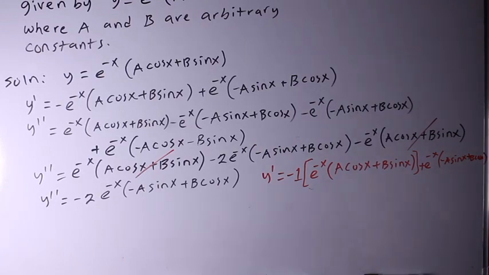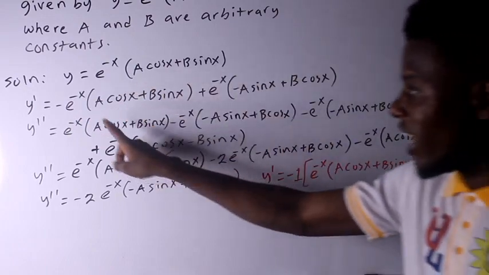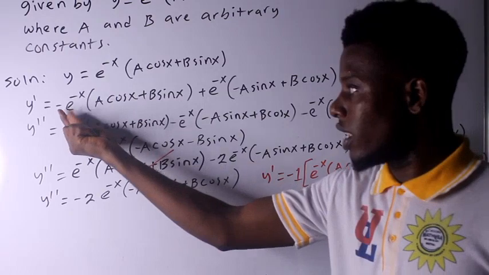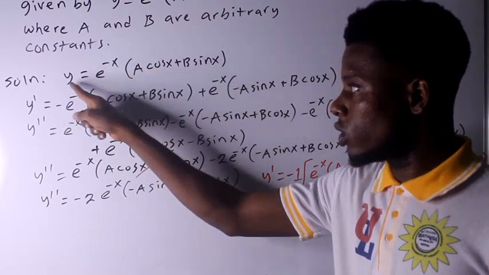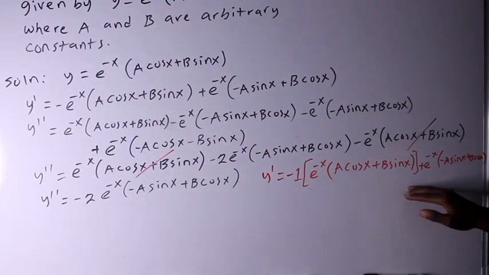Now this is how we're going to have it. Just consider that. From this first derivative we found, the entire expression e to the minus x, a cos x plus b sine x, the entire thing from here is y. So y is e to the minus x, a cos x plus b sine x. So the entire thing is replaced with y.